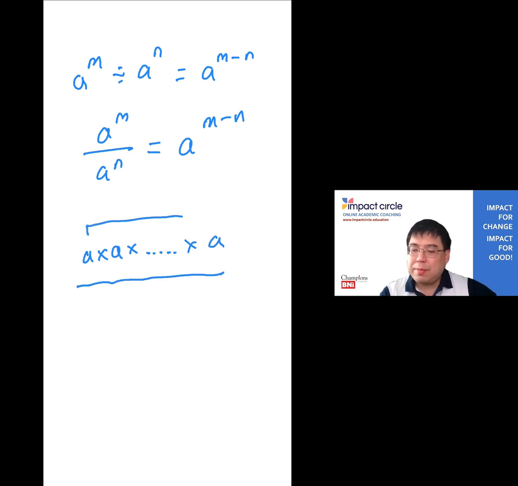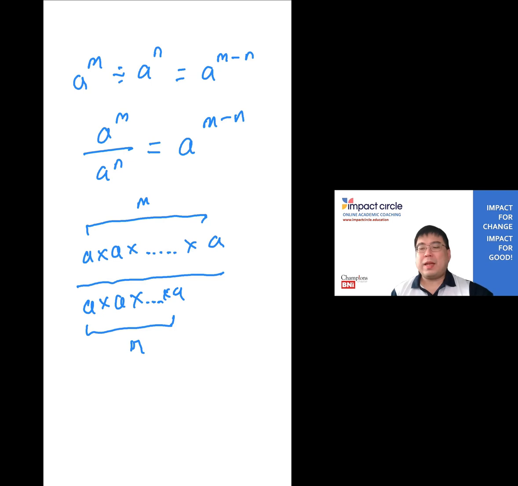The bottom you have a times a times a, and you have n copies, okay? And I'm just going to assume for a moment that m is greater than n, but actually it doesn't make a difference, all right? This means that there are more copies on top compared to below.